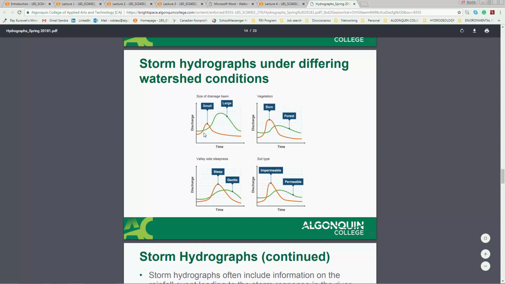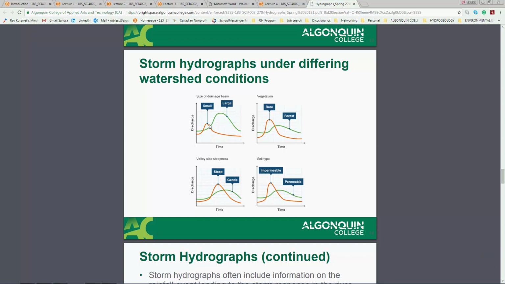For example, here we have hydrographs, time on X, discharge on Y, and here we have a small watershed. So how is the size of the drainage basin influencing the type of hydrographs or the patterns that we can see? In a small watershed, we can have a shorter lag time, so this peak is faster, and we can have a slower runoff.